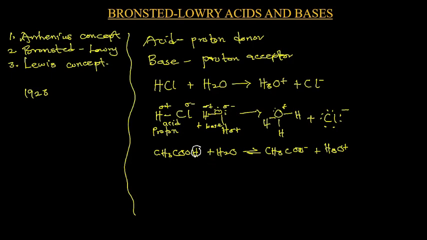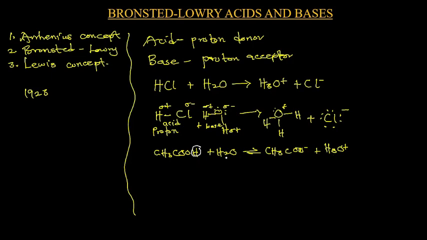A hydrogen that could easily be lost from a molecule is what we call the acidic hydrogen. So the ethanoic acid has this hydrogen as the acidic hydrogen. Now what is happening is that it is donating this hydrogen, which will become a proton, to the water molecule. So over here, we now have ethanoate, so there is no hydrogen here.